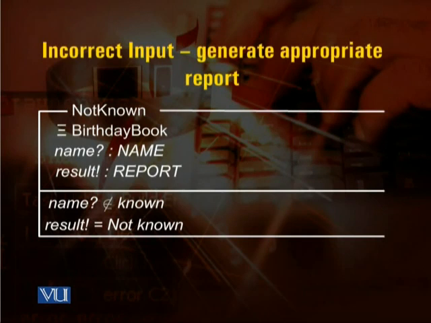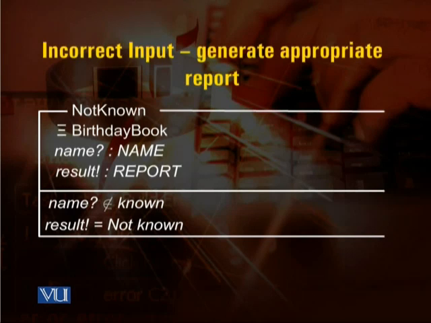is sent to the find birthday method or schema. So in that particular case, once again, we take a very similar approach to what we took in the case of our add birthday, and then strengthened that schema. In this particular case, we define a new schema, not known. And we say that this schema is not going to change the birthday book.